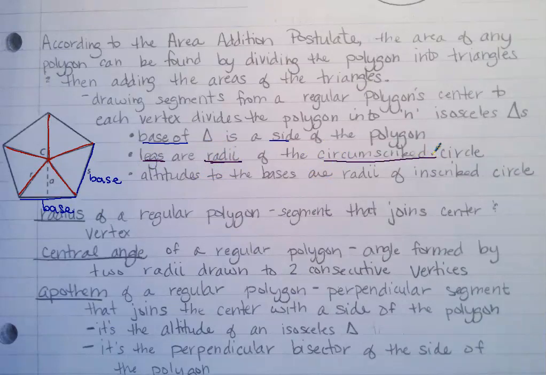Remember, if we had a circle on the outside of this, the legs of the triangle, because it's isosceles, are the radii of the circumscribed circle. That's the same thing as the radii. Does that help?